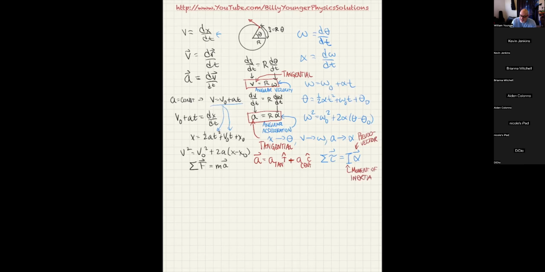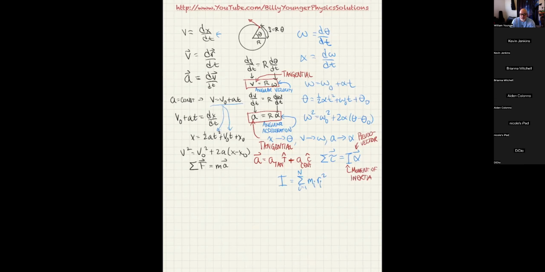And in your statics class, they'll probably just call it the moment. And when you do a moment in there, it'll be quite different from the moment in this class. In this class, I is equal to the summation from i equals 1 to n of m sub i times r sub i squared, where r sub i is basically the distance from the center of rotation to the location where m sub i is.